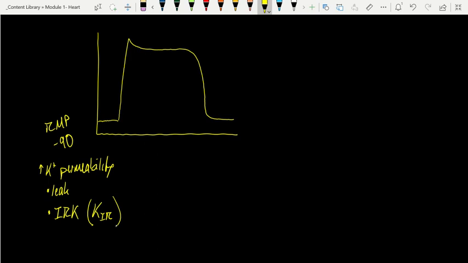I don't know that it's important to understand the detail of how this works, but very similarly to the funny channel, it's a leak channel, but it increases or decreases its permeability based on charge. And so these open up below threshold, and as they open up and increase that potassium permeability, this is what allows the cell to really get negative for its resting membrane potential. So that's kind of cool.